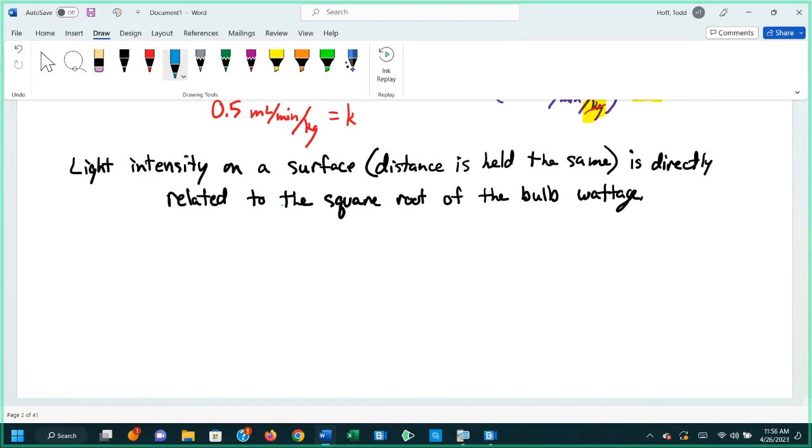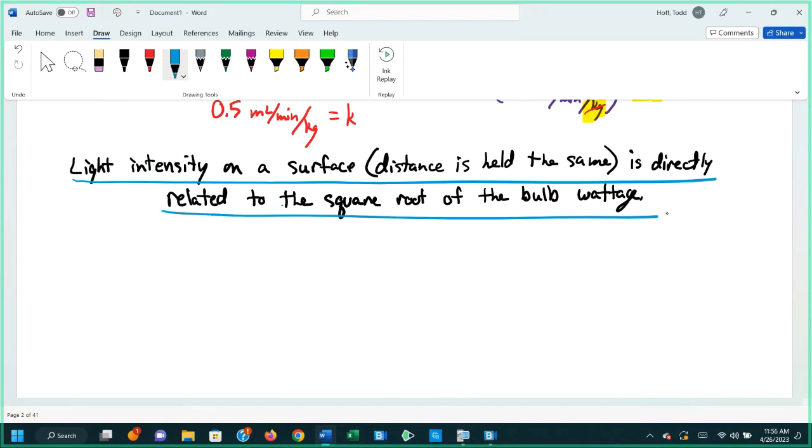So, start off with this here. Light intensity on the surface is directly related to the square root of the bulb wattage. So if we let I be the intensity, that's equal to a constant times, not W, but the square root of W, where we're going to let W be the bulb wattage.